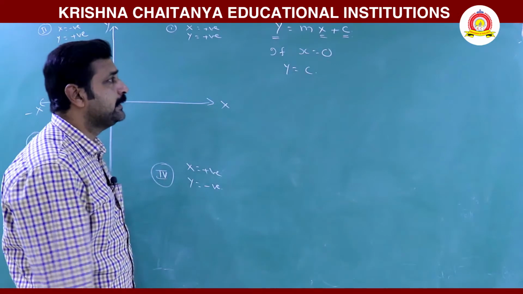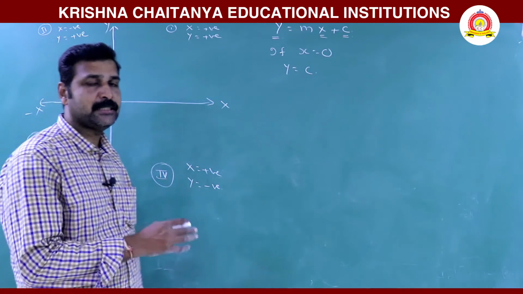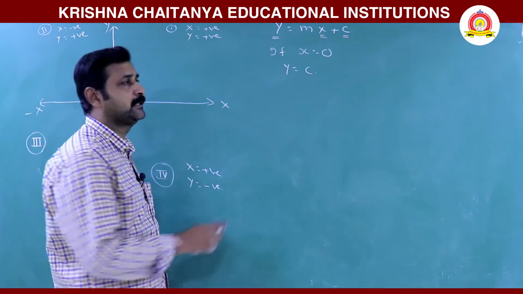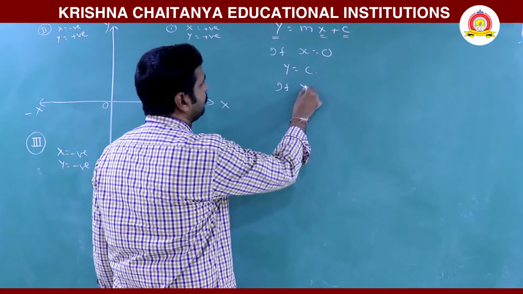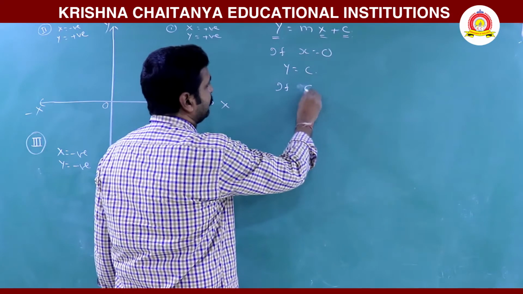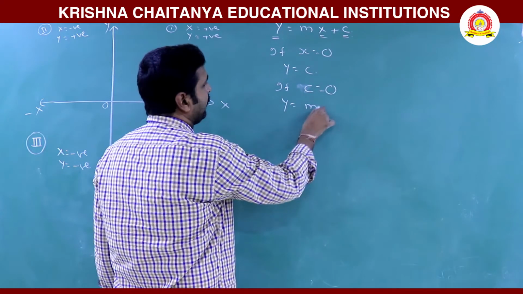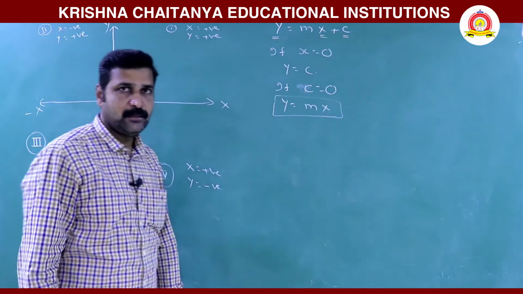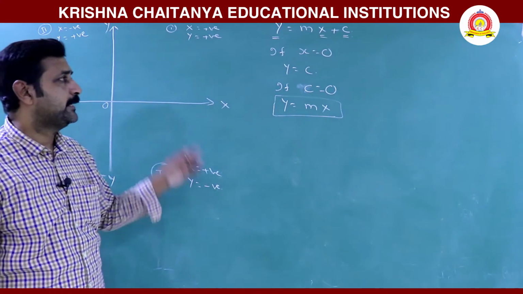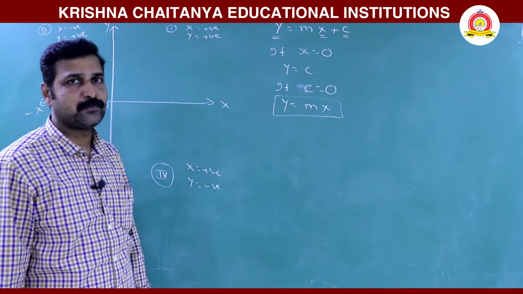Now, if the y intercept is 0, if c is 0, y is mx. C is 0 means the straight line does not intercept with the y axis.